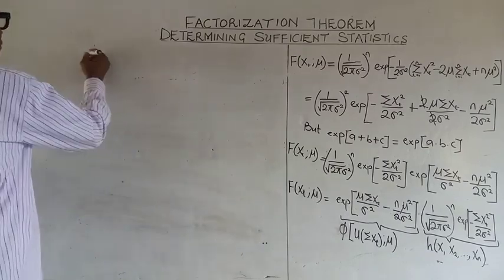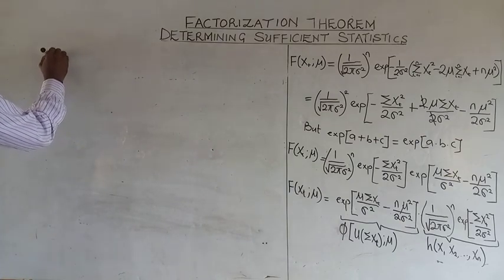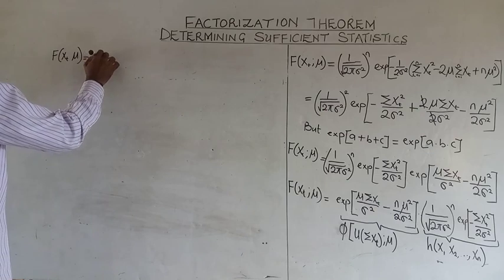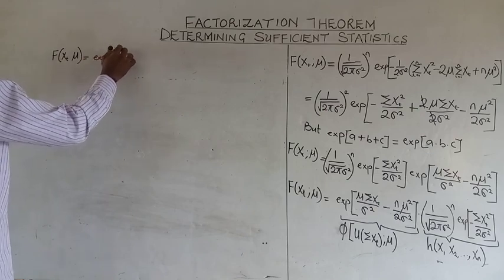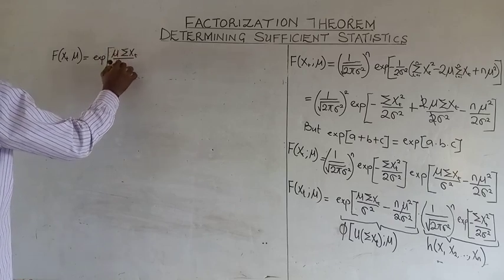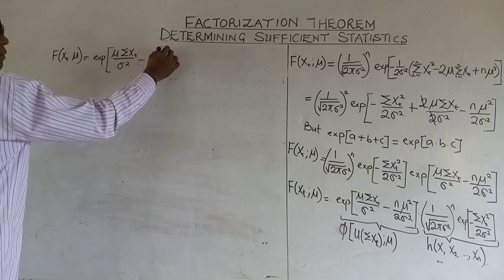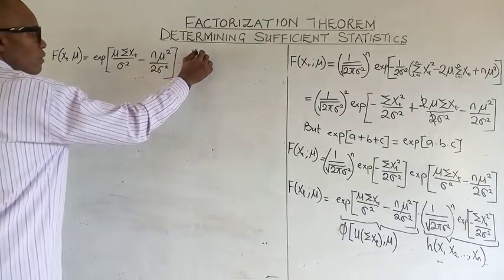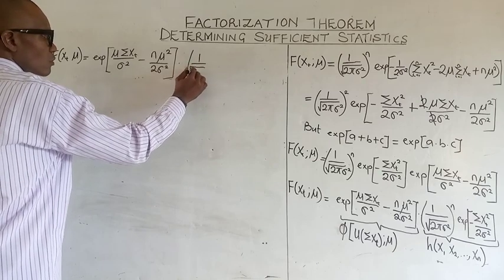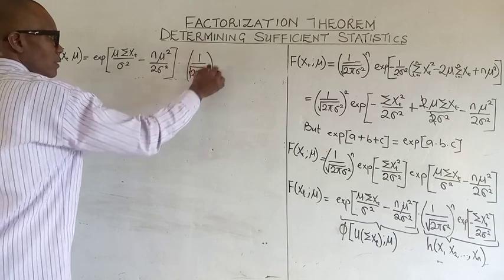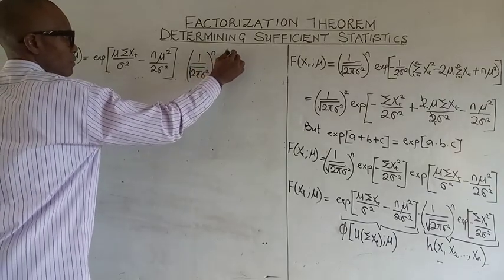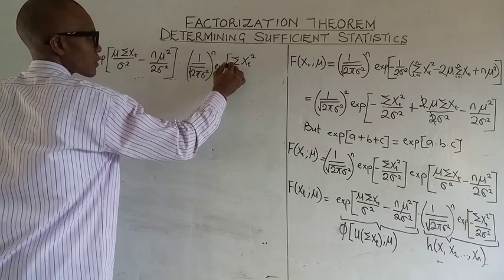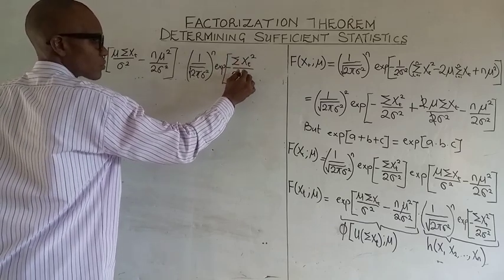We can conclude by saying, let's write it: f of x_i, mu is equal to exponential mu summation of x_i all over sigma squared minus n mu squared all over 2 sigma squared, multiplied by 1 all over square root of 2 pi sigma squared to the n, exponential summation of x_i squared all over 2 sigma squared.